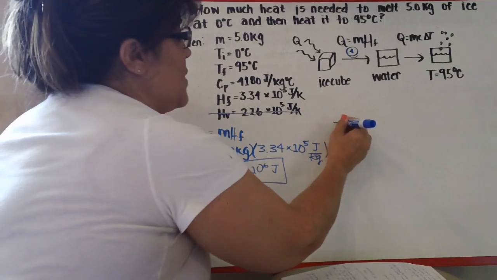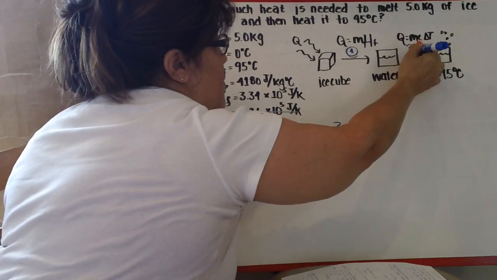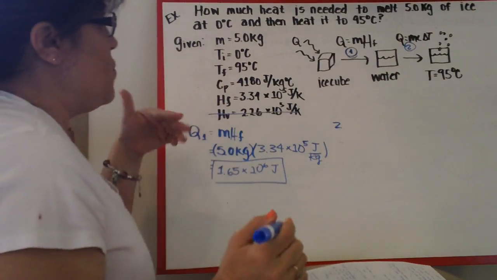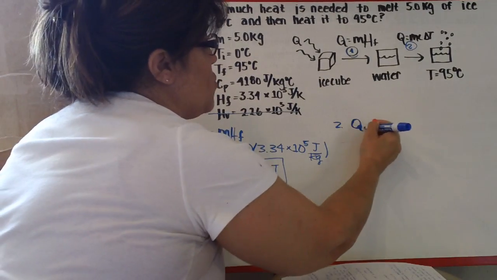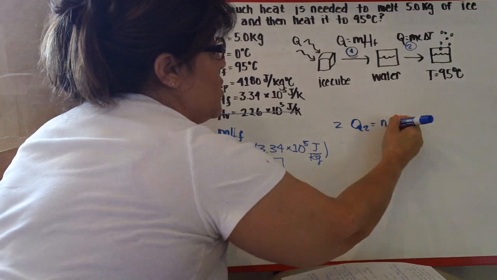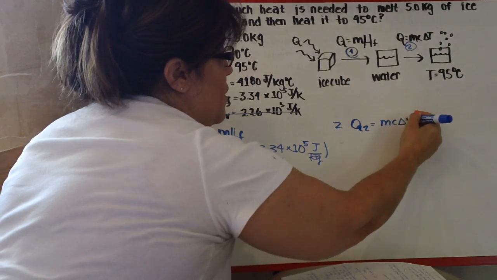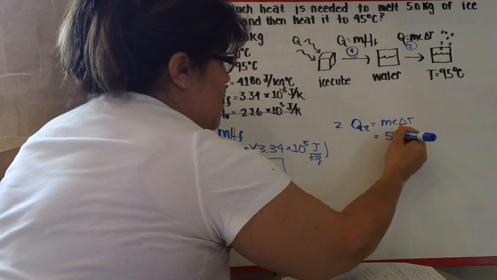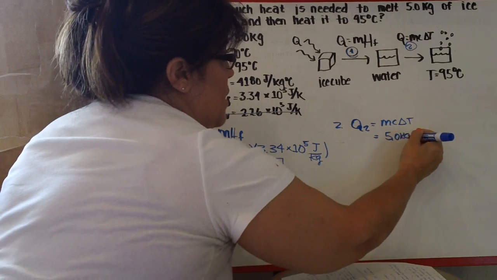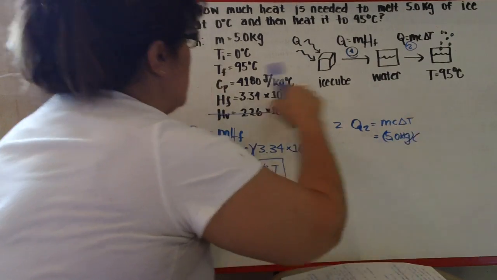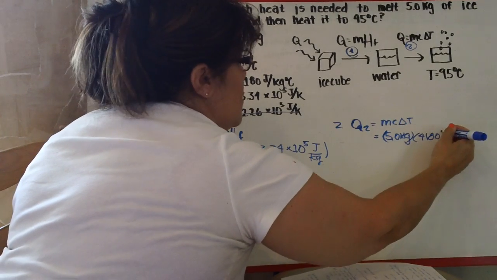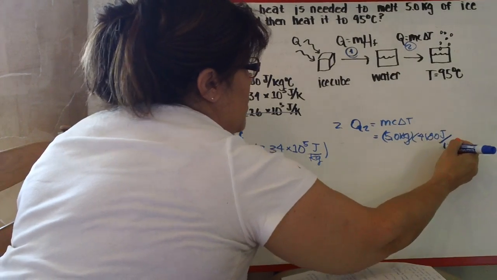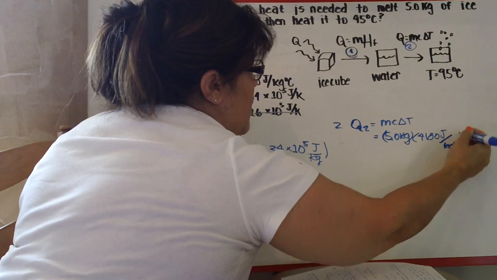Now we have to look at the second phase, right here. And this is when the temperature is going to be raised from 0 degrees to 95. So we're going to say Q2, the heat added for this part, is your MCAT equation. Okay, the mass hasn't changed, it's 5 kilograms. Now we have our specific heat of water, which is 4180 joules per kilogram degrees Celsius.